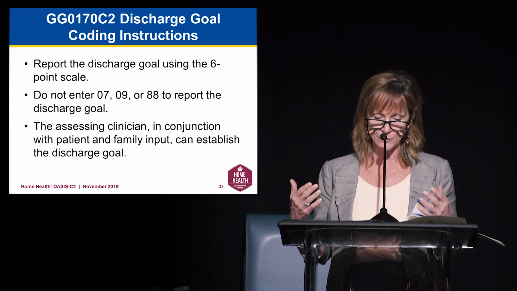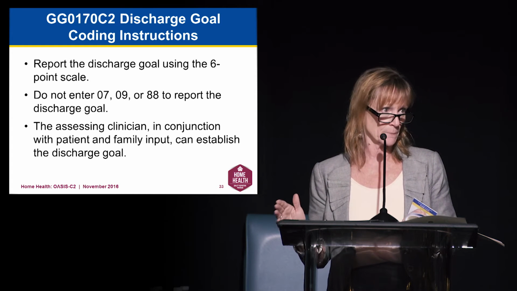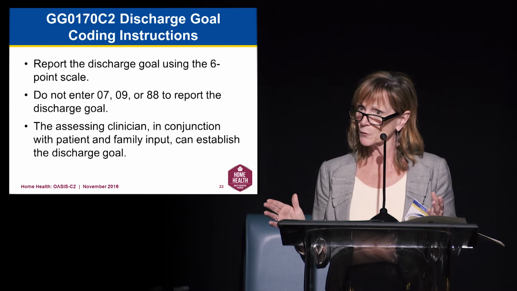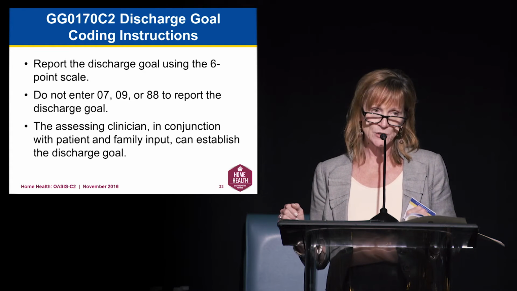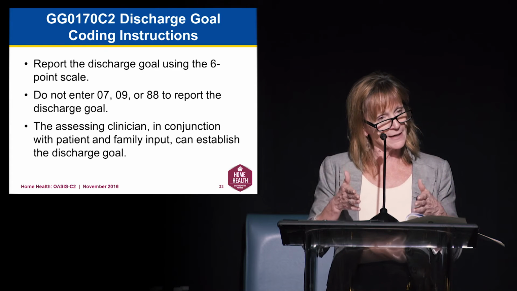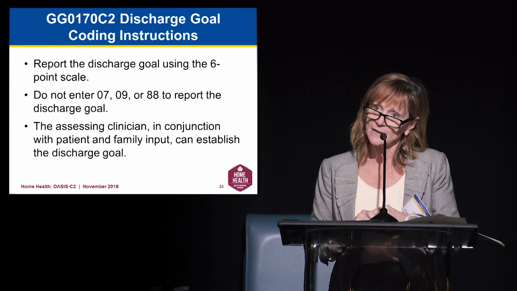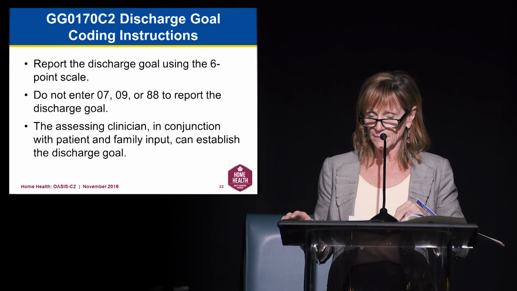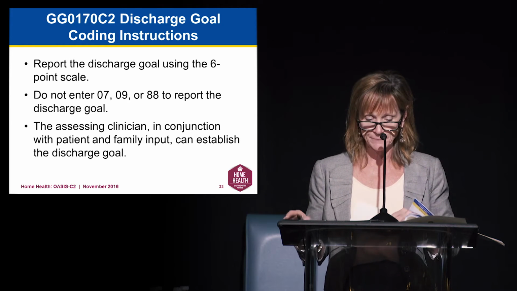It's really our determination in conjunction with the patient and the family to establish what's an appropriate goal for this patient for their end activity to be able to do this at discharge. How would we score them on discharge for this measure?